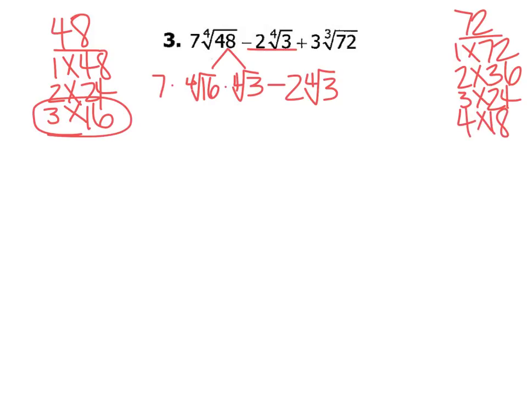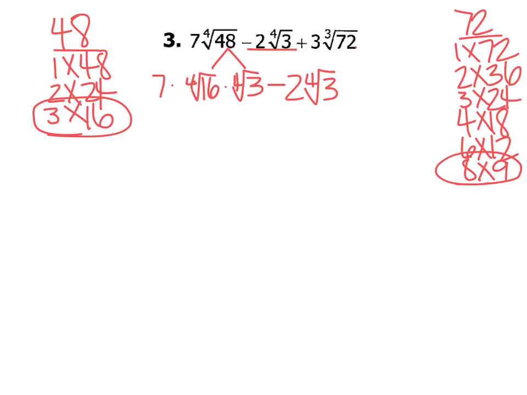Not perfect cubes. 5, nope. 72 divided by 6 gives us 12. Still not perfect cubes. 72 divided by 7. Nope, that's a decimal. 72 divided by 8 gives us 9. And 8 is a perfect cube, so there's our factors we want to use.